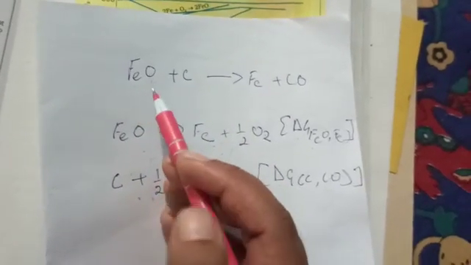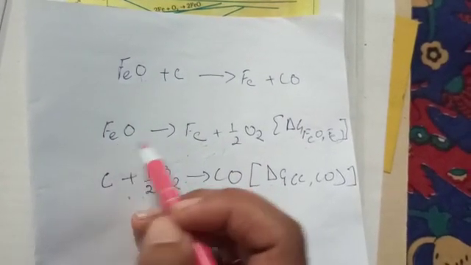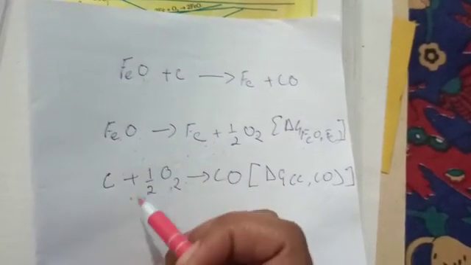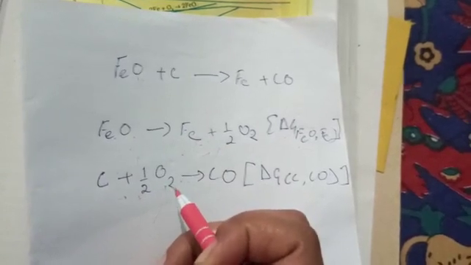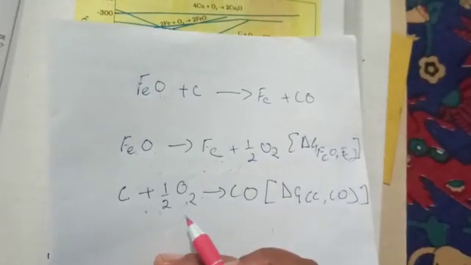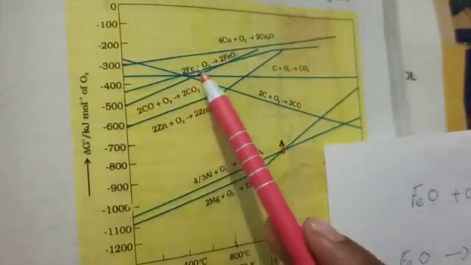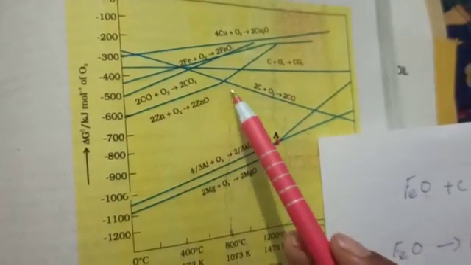So for this we have these two reactions. We can write this reaction into two halves, iron oxide being reduced and carbon getting oxidized. You can understand it through the Ellingham diagram also, as I have told you. Consider this line, and consider this line.